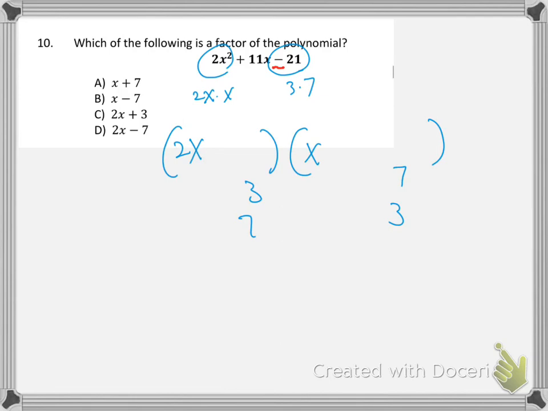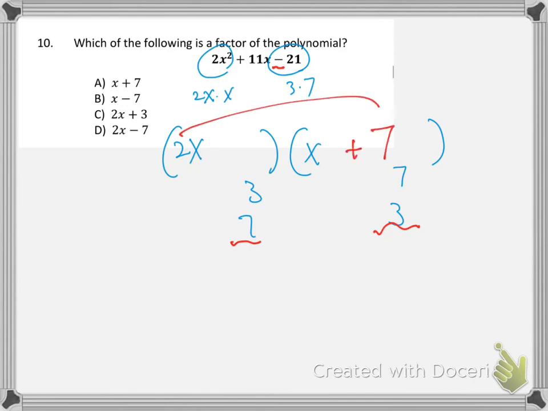So now the sum is 11. If it's 2x times 3 is 6, 6 plus 7 is 13. But they cannot both be positive. So 2 times 7, 14. 14 minus 3, 11. So here is positive.